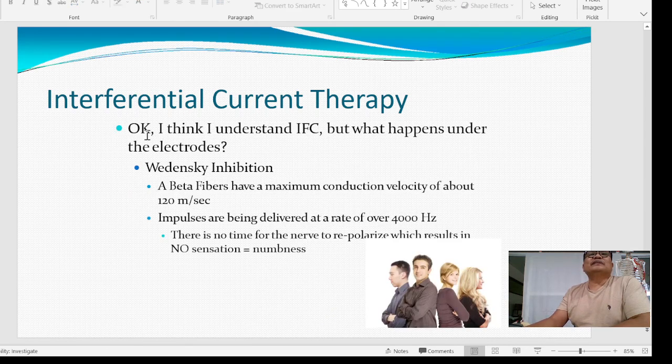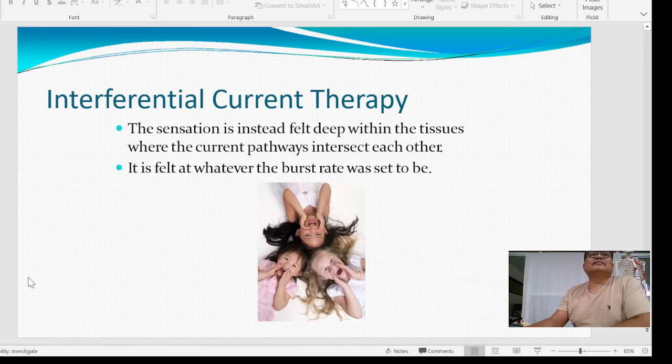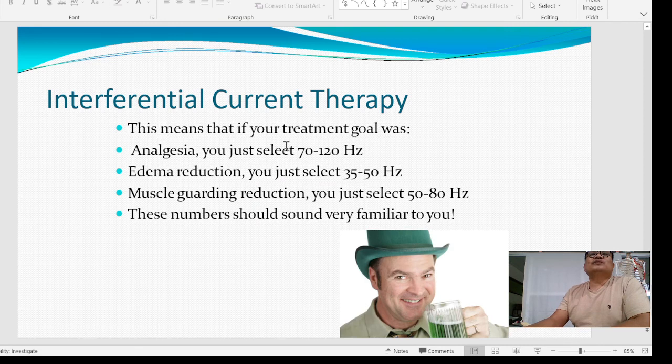So it stimulates A beta fibers instead of using the C. So A beta, then the low frequency is delta. For analgesia, you can actually control the beat frequency. The difference between 4000 and 4100, which is 100 hertz, we call that beat frequency. That creates the effect.